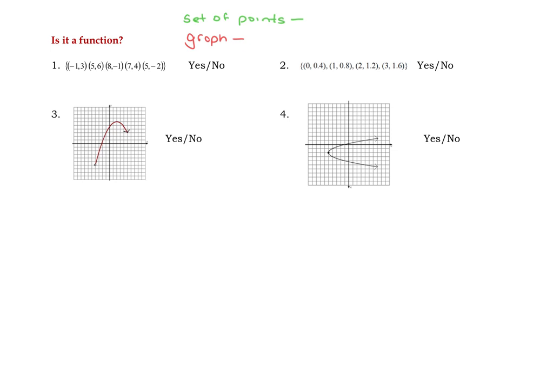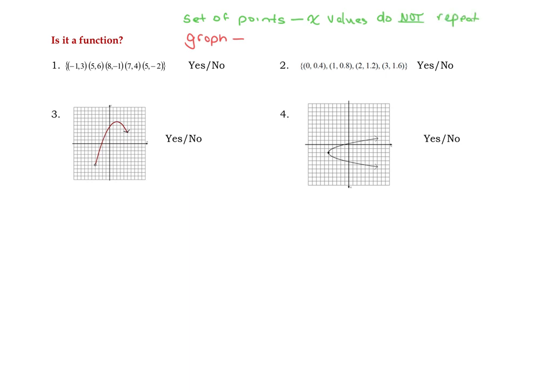Okay, now we're going to tell if a relation is a function, and we're going to look at two different things right now. We're going to look at a set of points and a graph. So on a set of points, we want to see that the x values do not repeat.